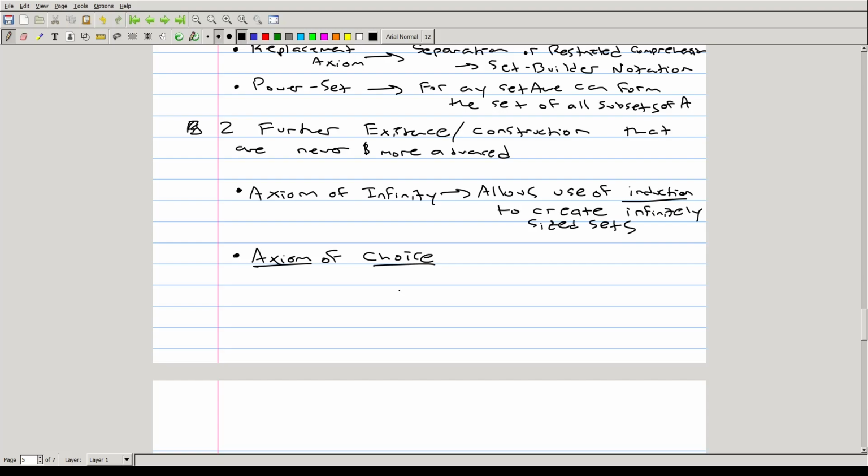This is also sometimes called, it's a different principle but it's equivalent to, the well-order principle. And this is something that's very, very important in modern mathematics.